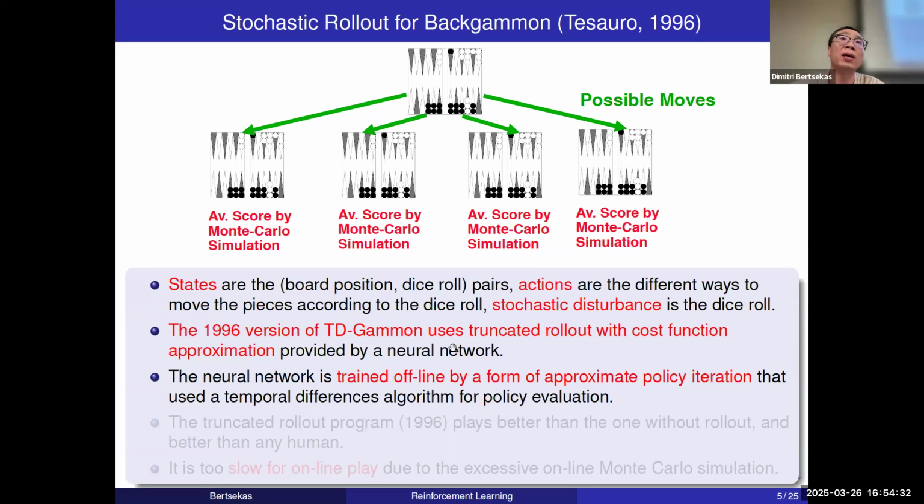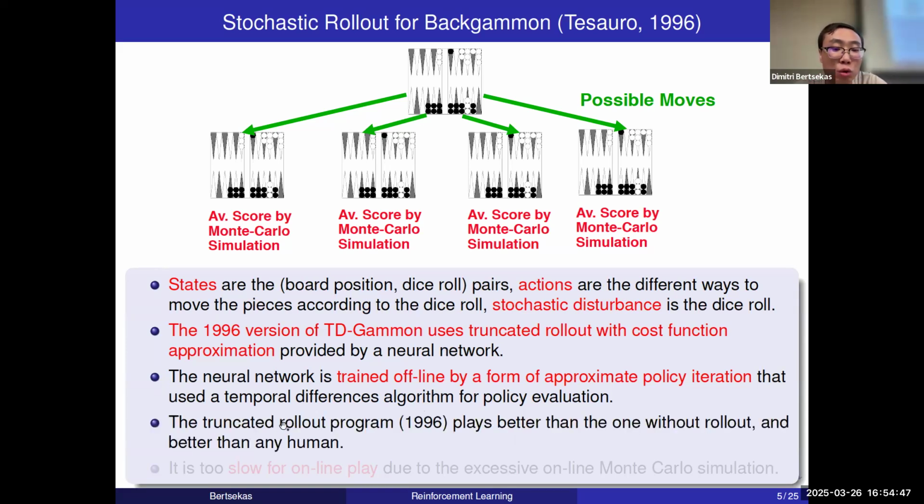So given that you obtain a value network, you run one-step lookahead, and that defines a policy, right? And he used that as base policy. And he ran truncated rollout using that base policy. And after a few steps, that is supplemented by the value network he obtained.